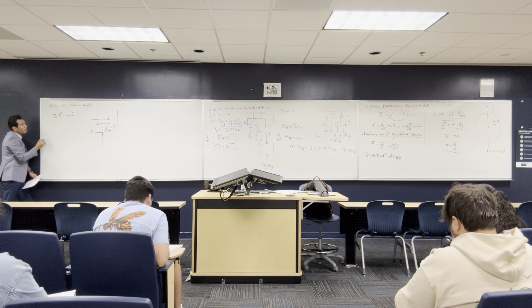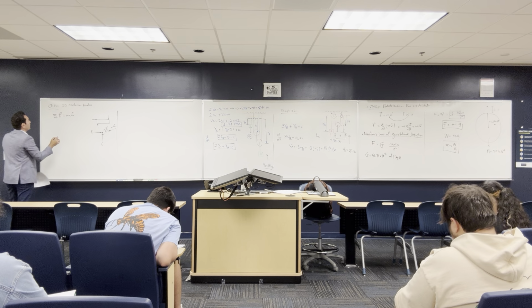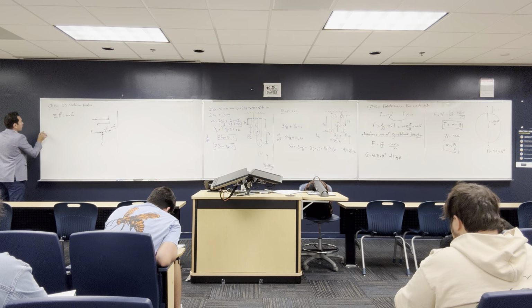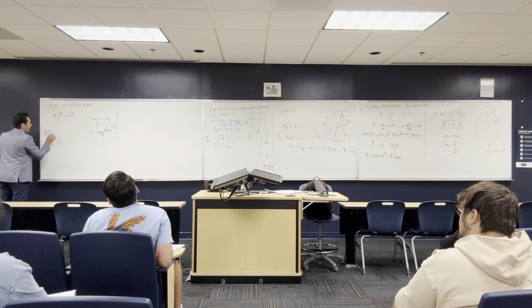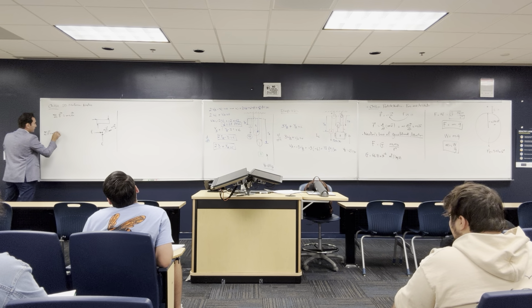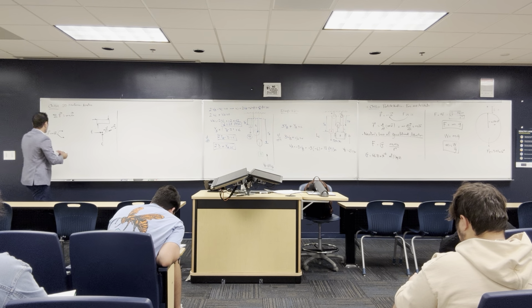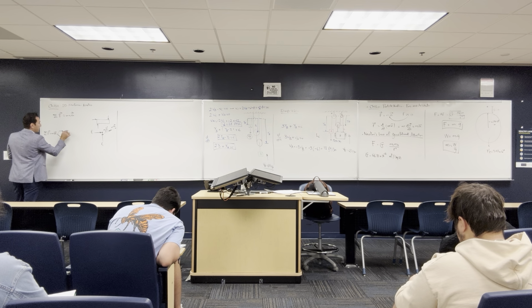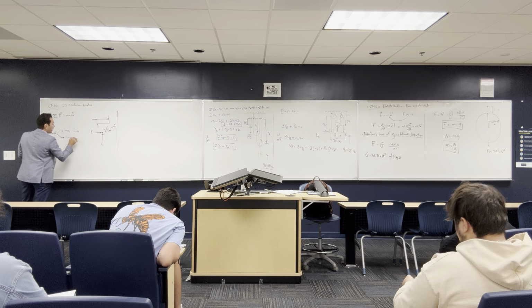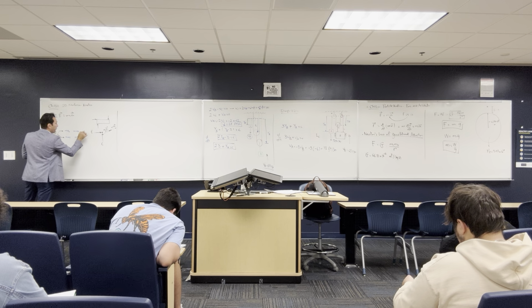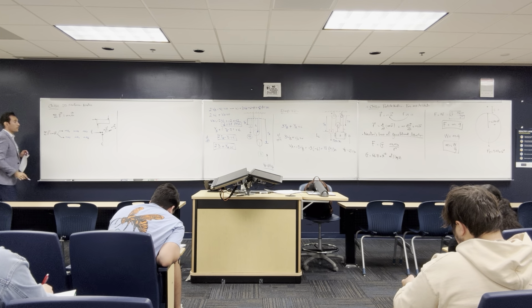The summation of F is equal to the mass multiplied by the acceleration. This can take different shapes: MAX and MAY, or MA tangent and MA normal, or MAR and MA theta.